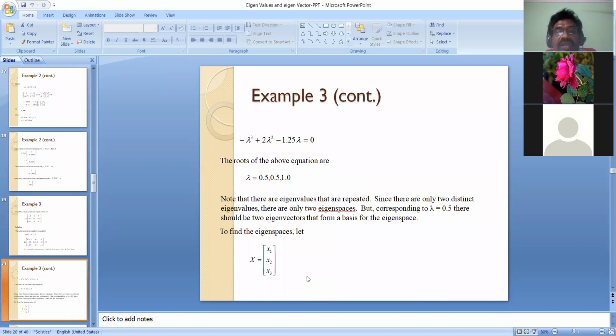Next, simplifying that, we get minus lambda cube plus 2 lambda square minus 1.25 into lambda equal to 0.